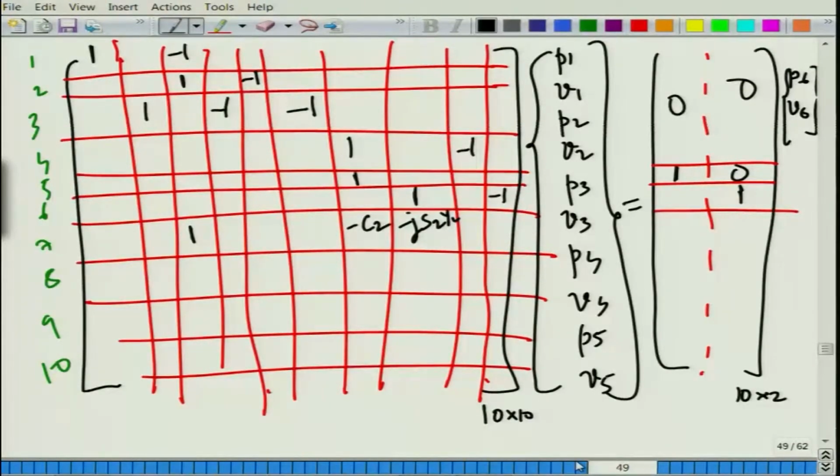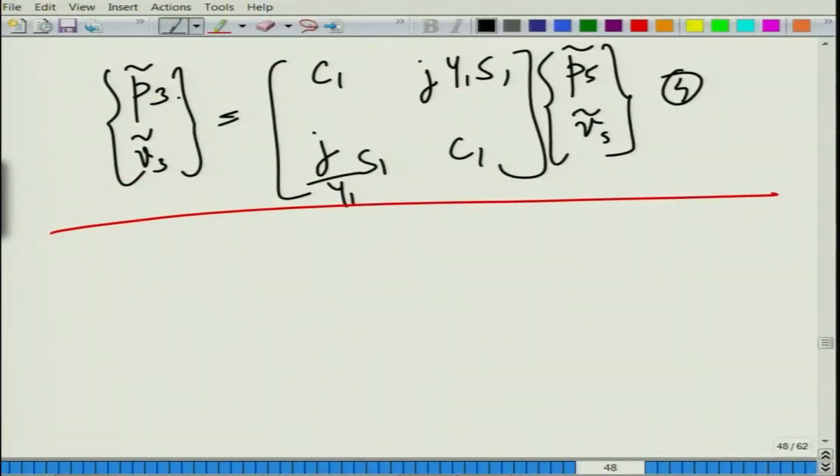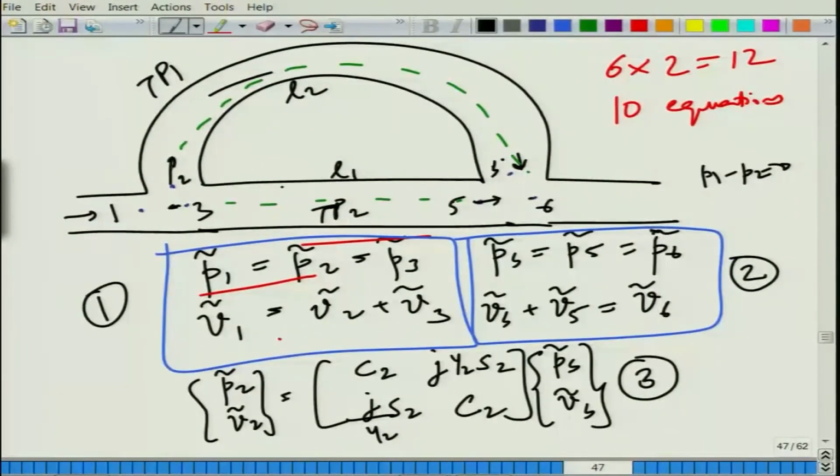We have V2, okay. V2 is this thing, and minus j sin y2, you have such a system, okay. So, we have this equation 7 and 8, and now comes the final bit, P3 V3 related to P5 V5, that is this thing, okay.